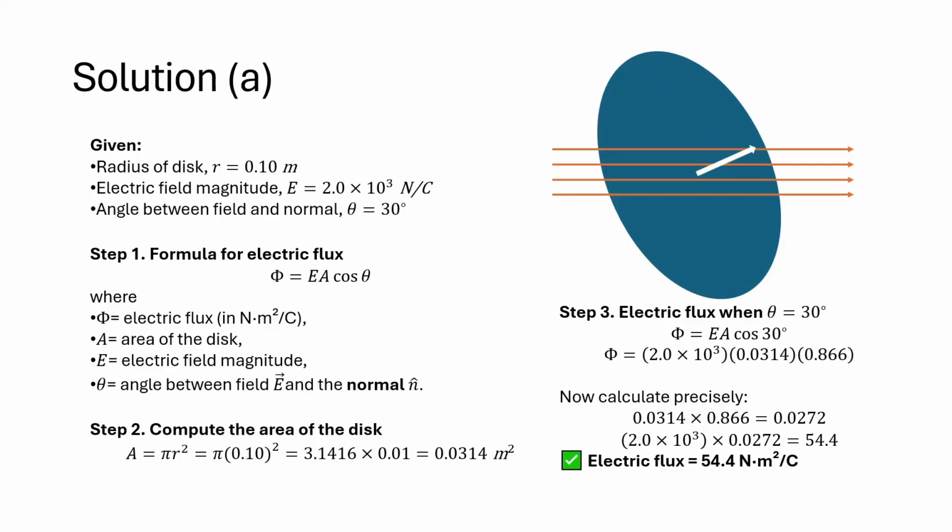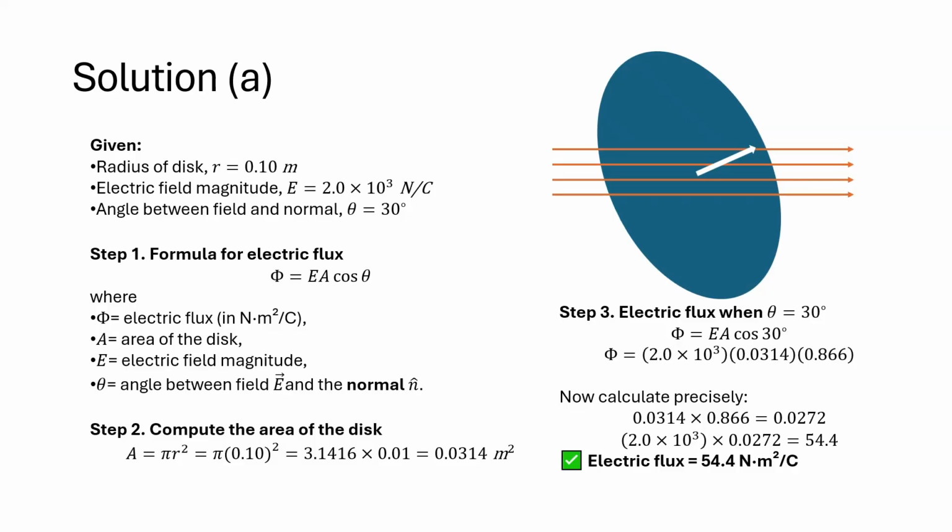In this case, we're going to use the equation phi equals EA cosine theta, in which the letter E represents the magnitude of the electric field, and the letter A is the area of the disk.